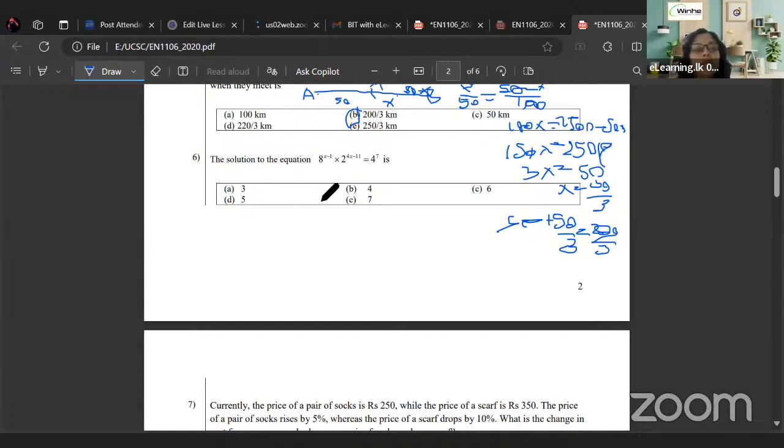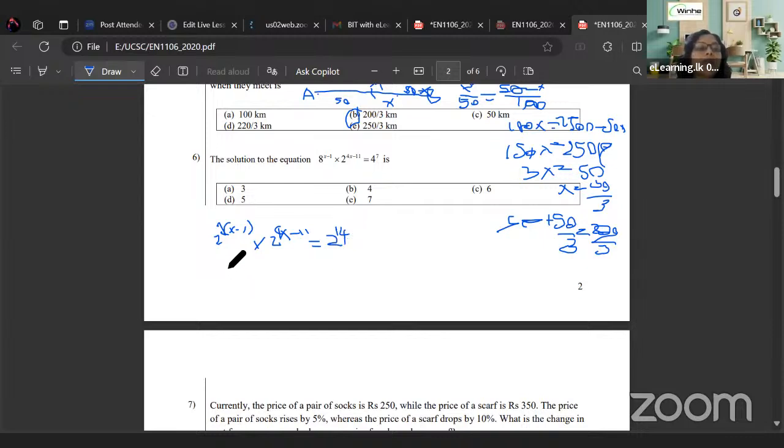But if we look at this, we can make the bases equivalent. Right? Instead of 8, you can write 2 to the power 3 into x minus 1, into 2 to the power 4x minus 11, equal 2 to the power 2 into 7, 14.